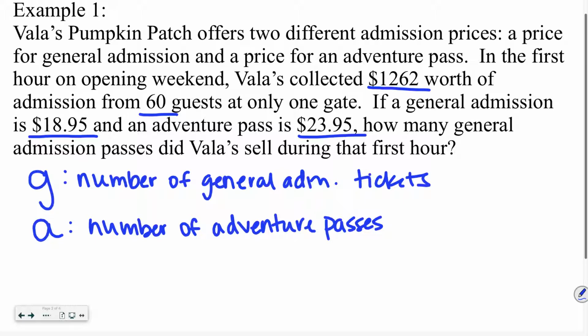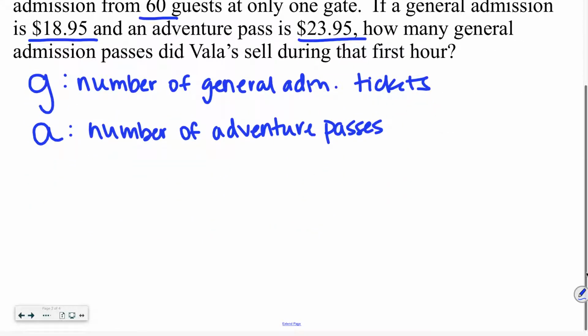If I write an equation that involves money, there should be money on both sides of the equation. So if we say their total number is $1,262, that's dollars.